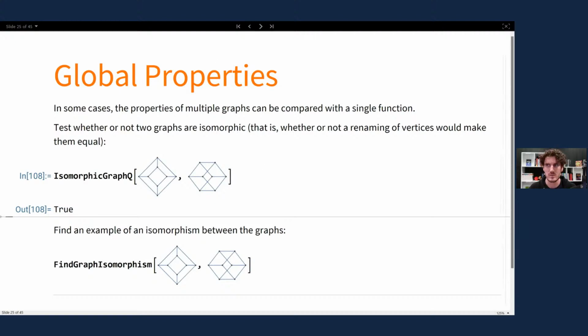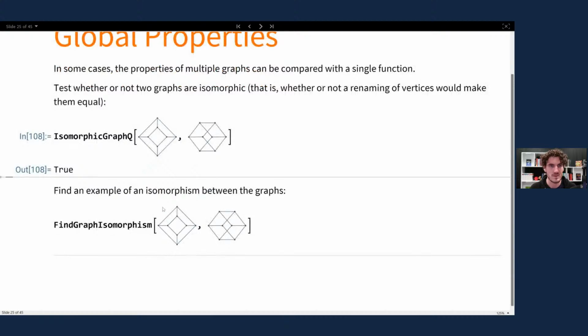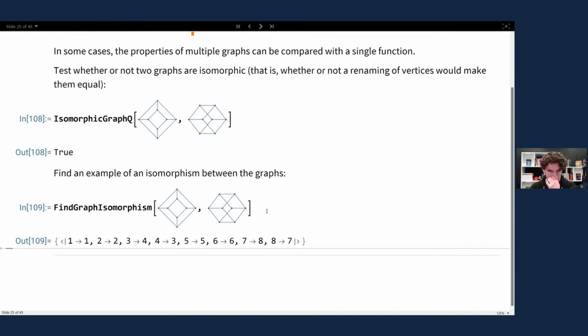Okay, that's what isomorphic means. And then not only can we just check for isomorphism, we can find the isomorphism between two graphs, and this gives us a vertex renaming. Okay, so here, as you can see, it's exactly the same up until vertex 7 and 8, where we just need to swap them around.